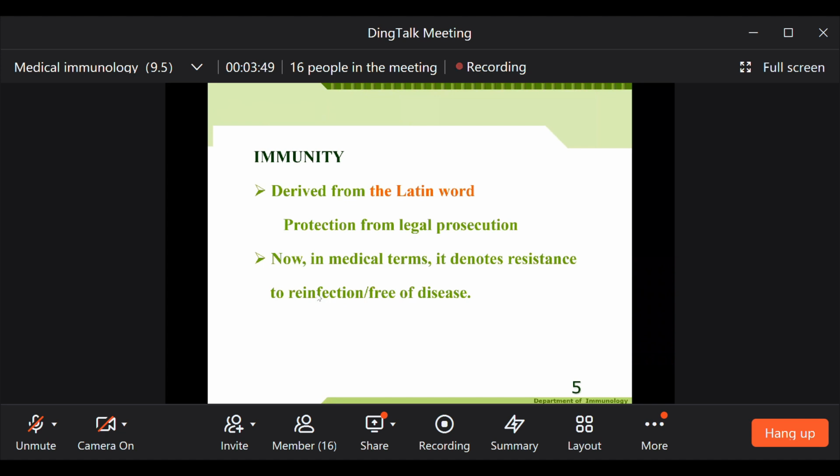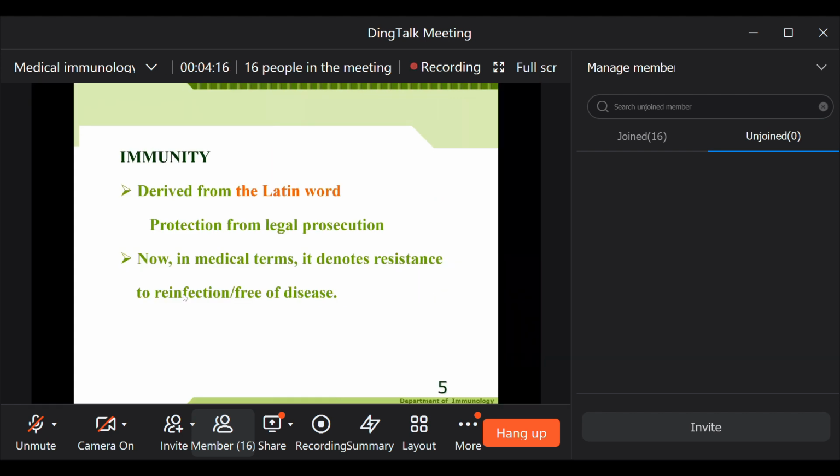What is immunity? This word emerged early and derived from the Latin word, which means protection from legal prosecution, and now in medical terms it means resistance to disease.